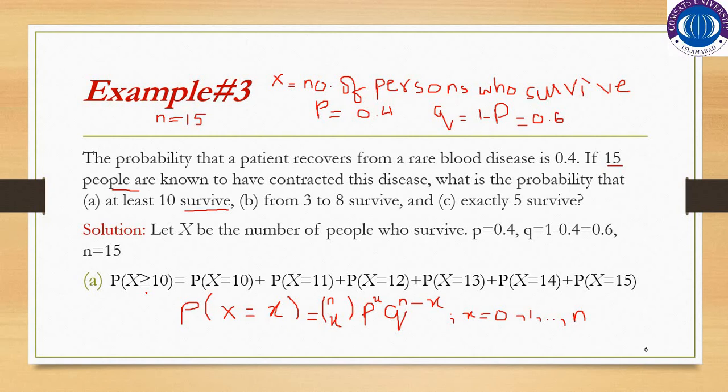So you will start with probability x is equal to 10 plus probability x is equal to 11, x is equal to 12, till x is equal to 15, because you have a total of 15 here. So you have to start from x is equal to 10.